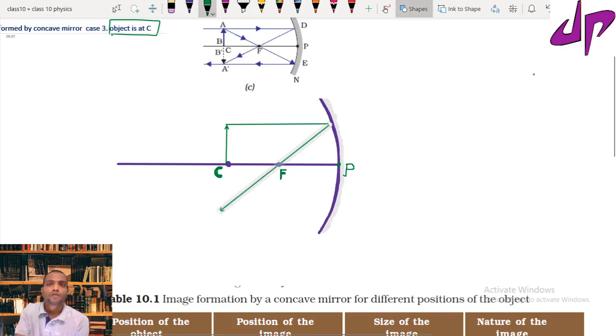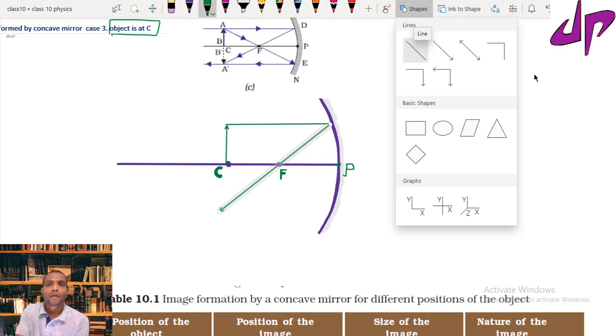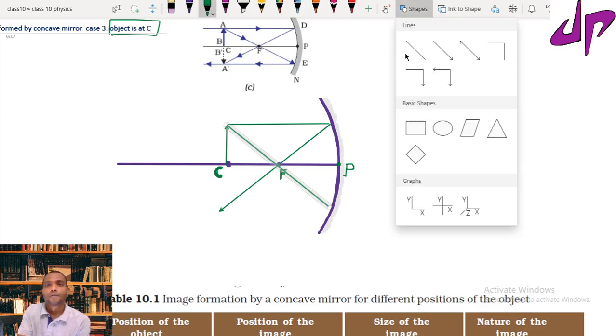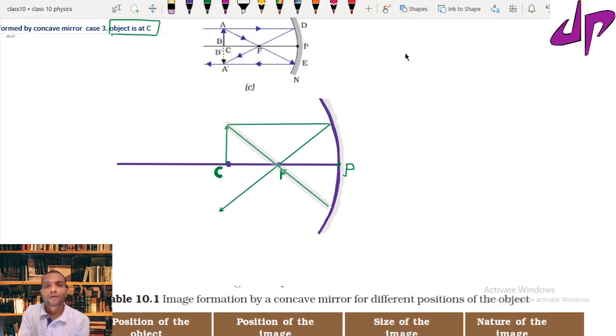Now here we can use the third rule, a ray which passes through the focus, after reflection, should be parallel to the principal axis.